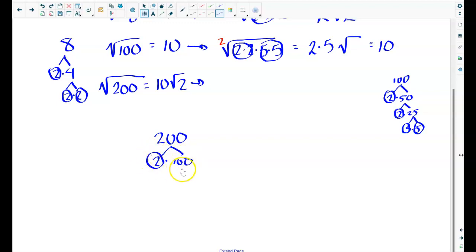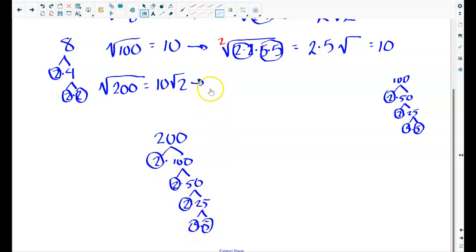This one's prime. 100 is 2 times 50. This one is prime. 50 is 2 times 25. This one is prime. And I got 5 times 5 equals 25. So that's 1, 2, 3, 4, 5, 6 prime factors.